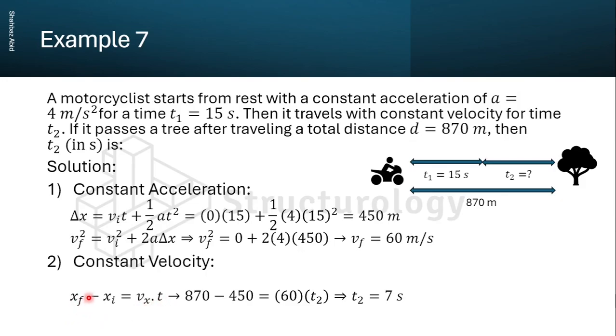The final position is 870 and the final position of step 1 has become the initial position for step 2, is going to be equal to the final velocity of the constant acceleration step, which has become the constant velocity for step 2. So it's going to be multiplied with t2, and by solving this equation we are going to get t2 equals 7 seconds.